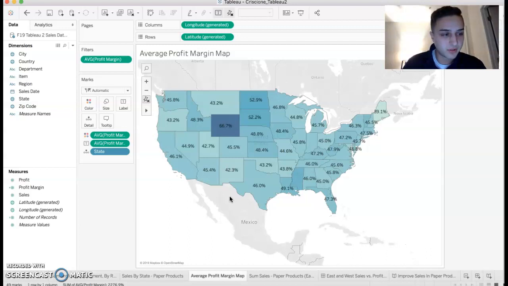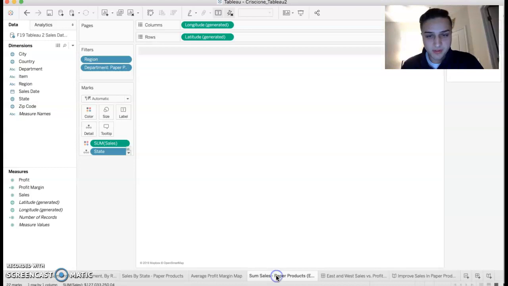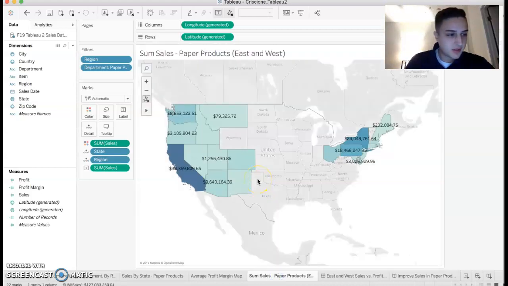From the map, the whole country has pretty similar profit margins, ranging from 40 to 50%. Although I did notice that a lot of states on the East and West regions consistently had average profit margins in the high 40s. This worksheet explains why the total profits were so much higher for each department in the East and West regions. Now we're going to go to the next sheet.